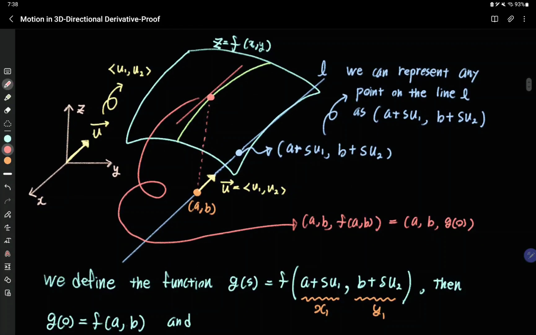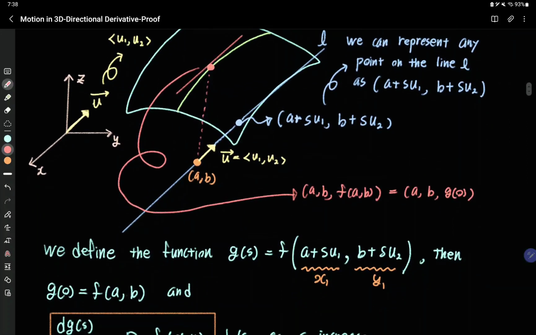Now we define the function g(s) as f(x, y), where we express x as a + s·u1 and y as b + s·u2. So you see that the multivariate function is expressed as g of just a single variable s.